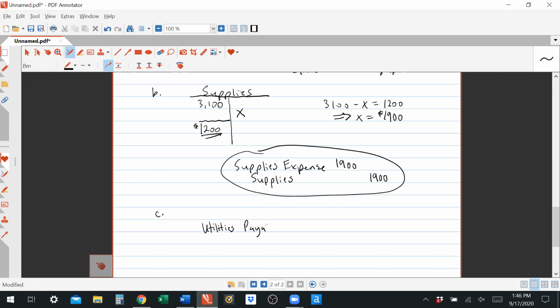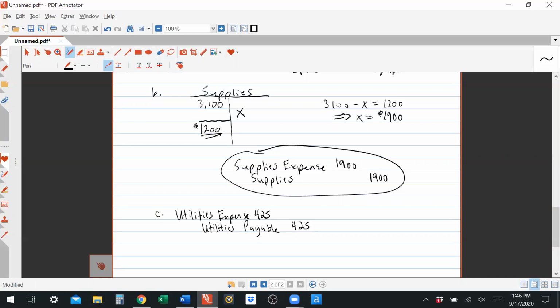Credit utilities payable. And have we derived a benefit from using a resource? Most definitely, we've derived a benefit from being able to use our electricity. So utilities expense. We've definitely incurred an expense. So this journal entry would be made.